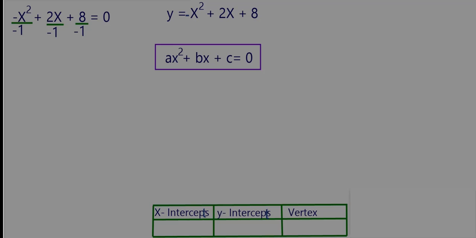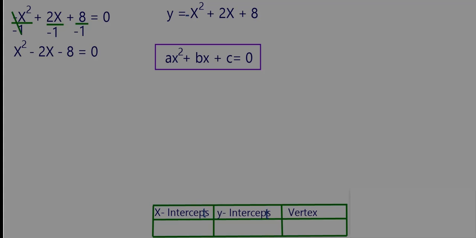Minus 1 divided by minus 1 will cancel out. Positive 2 divided by minus 1 will change 2 from positive to a minus 2. Positive 8 will become minus 8. We got the equation to be in standard form.